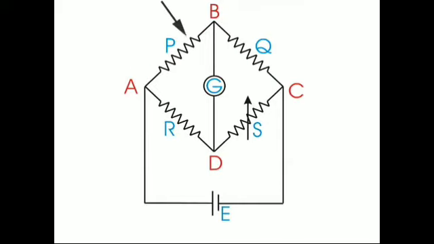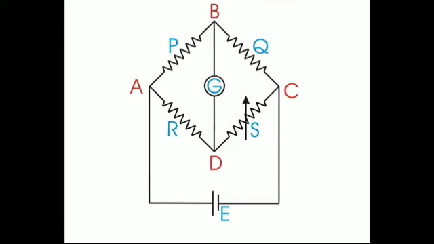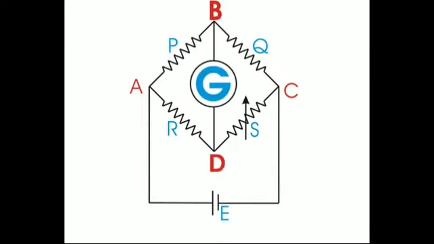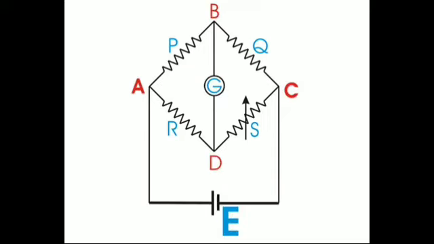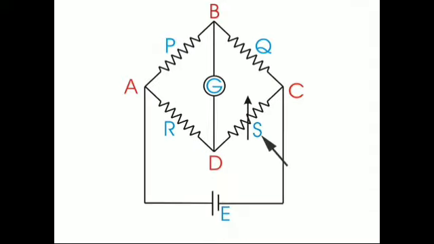A galvanometer G is connected between the points B and D. The battery is connected between the points A and C. The current through the galvanometer is Ig. Its resistance is G.